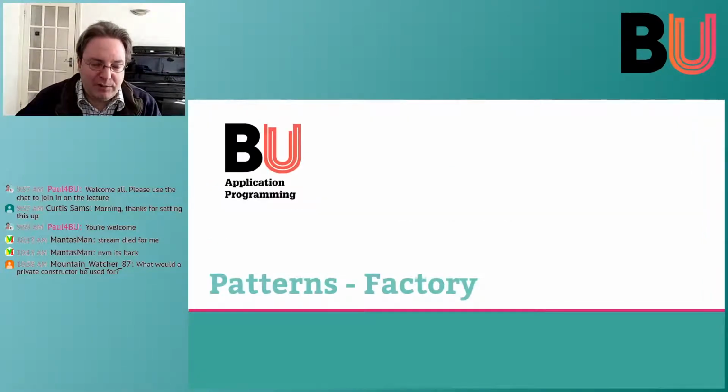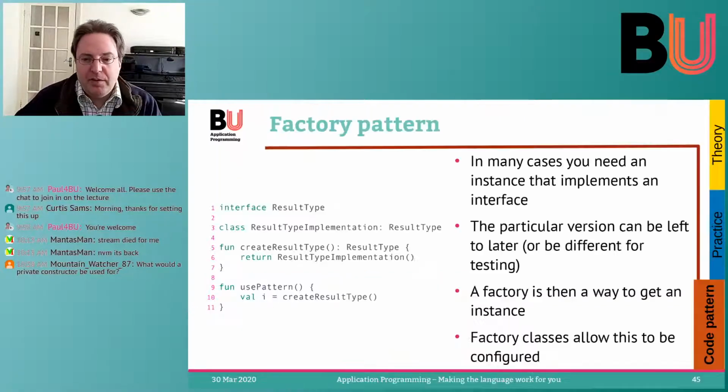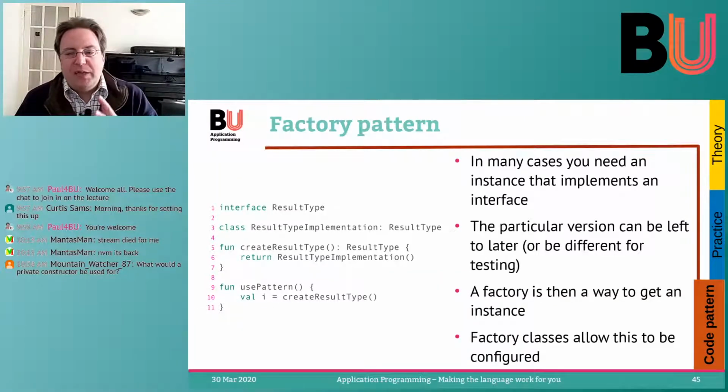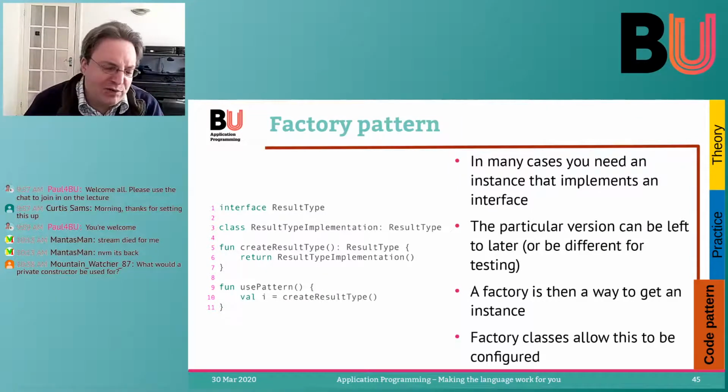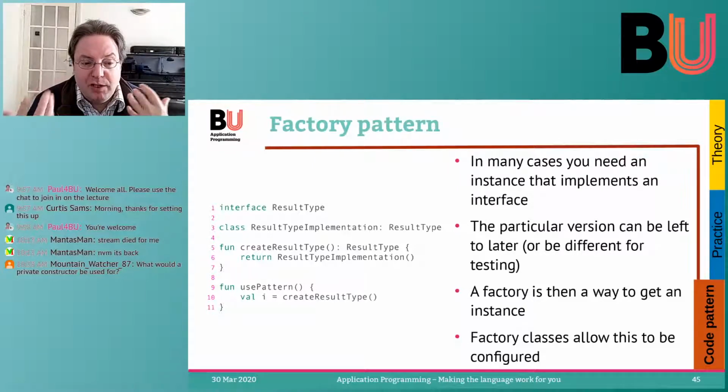Okay, the factory pattern. So we had the factory pattern before. I talked about it. So this is basically the idea of a factory, is something that creates objects. If we have the transparent factories, we want to basically make it behave really like a constructor. But in other cases, we don't. So we want to get a type.